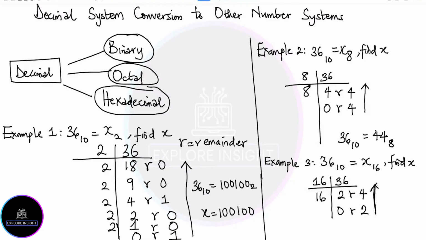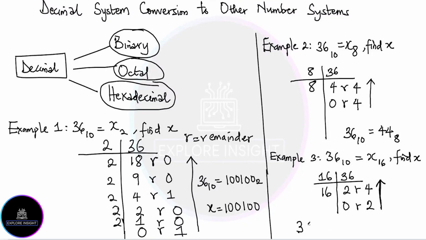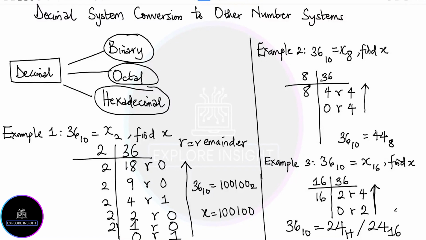With the arrow upward, we are going to have 36 in base 10, when we convert to hexadecimal, 24 in hexadecimal form. It can also be written this way, 24H. So anyway it goes, our x is 24. Here our x is 44.